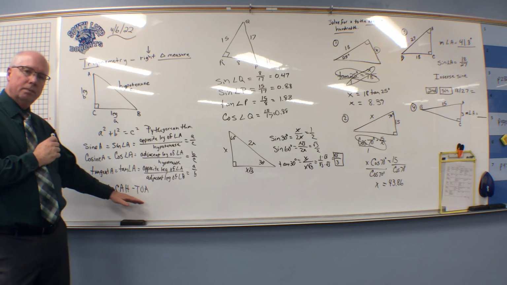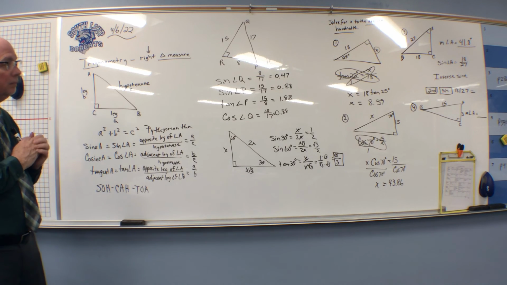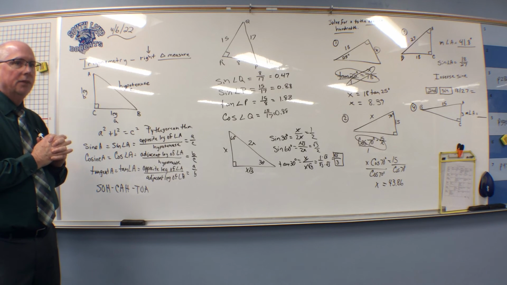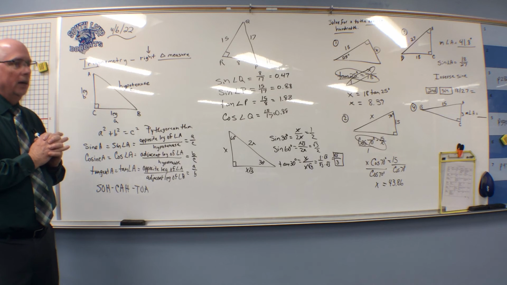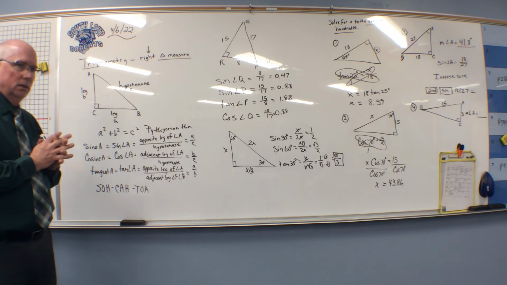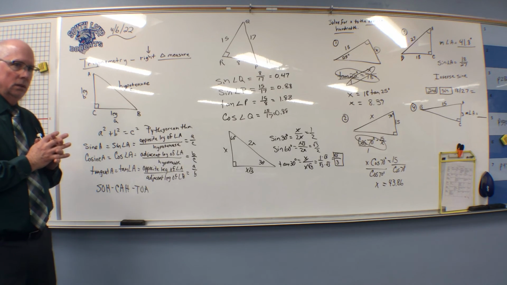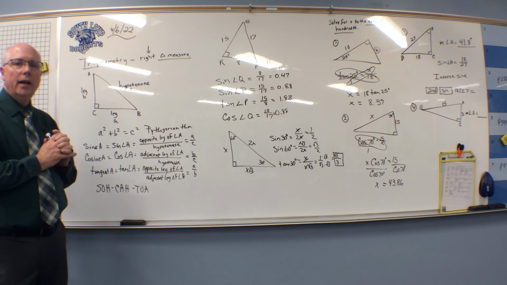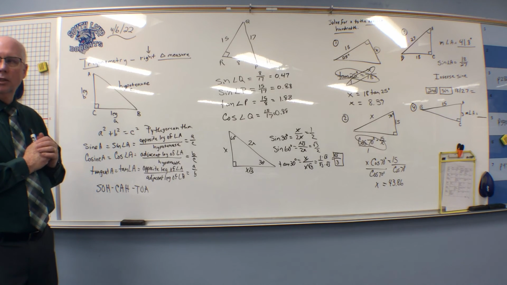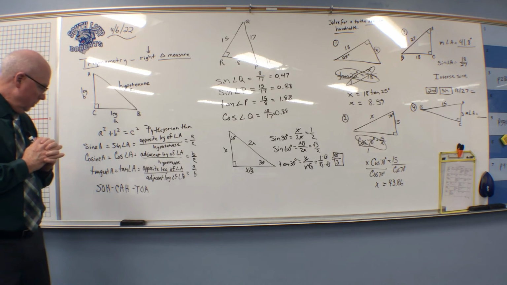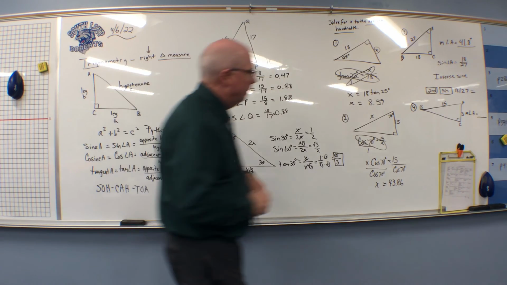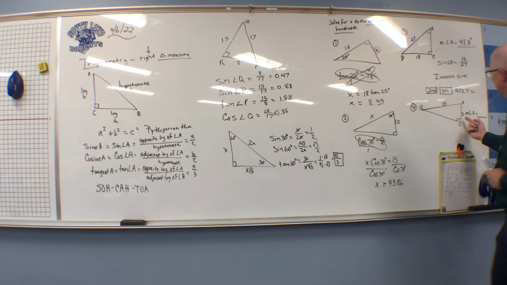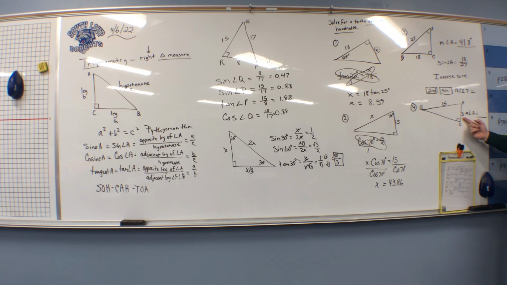Here's SOHCAHTOA. What's given? What do you have to find? According to angle A, what trig function, Gigi, should I use? This is angle A. I have this side, which is, according to angle A, what?